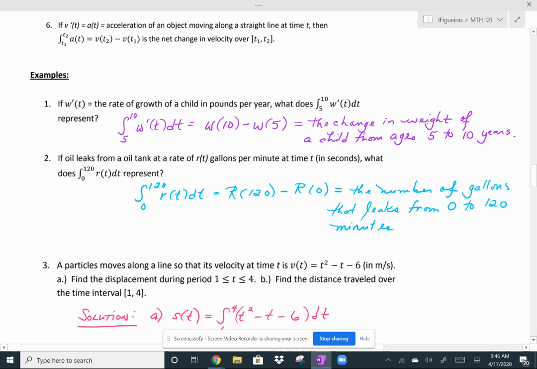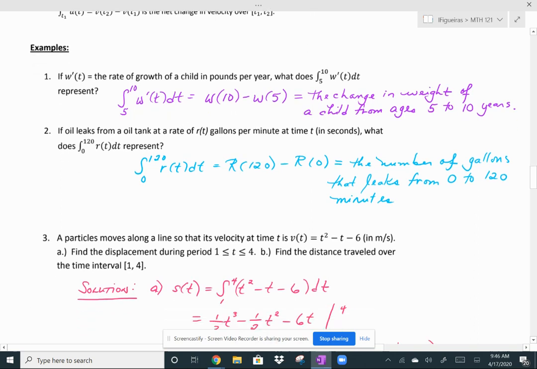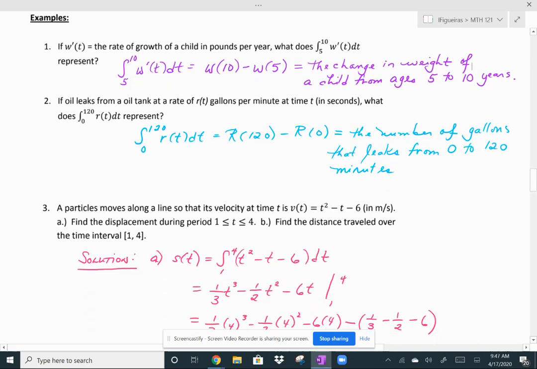Okay, let's do another one like that where we're just interpreting what it means. Number 2, if oil leaks from an oil tank at a rate of R of t gallons per minute at time t in seconds, what does the integral from 0 to 120 of R of t dt represent?